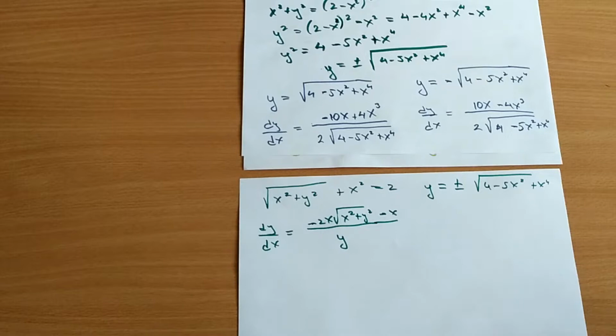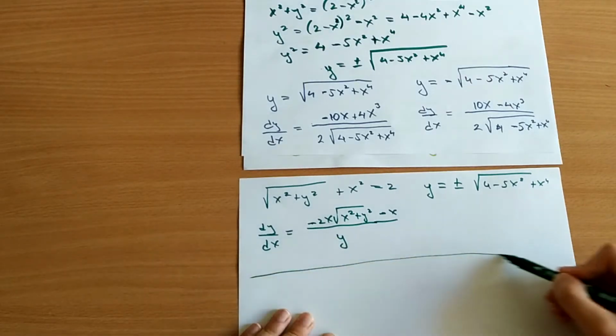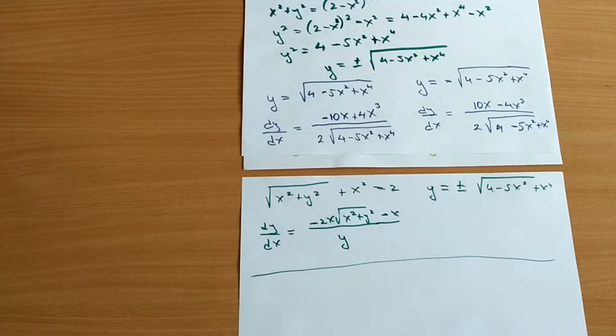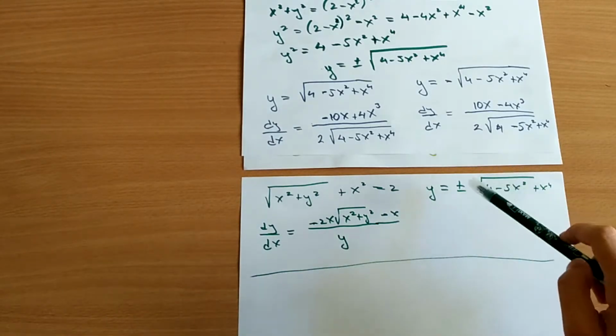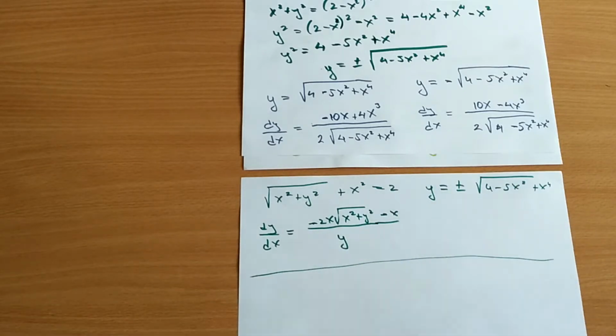Okay, and now I'm going to calculate this separately. On this side I'm going to replace y with the positive square root, and on the right side I'm going to replace y with the negative square root. And we will see what we're going to get for this solution.